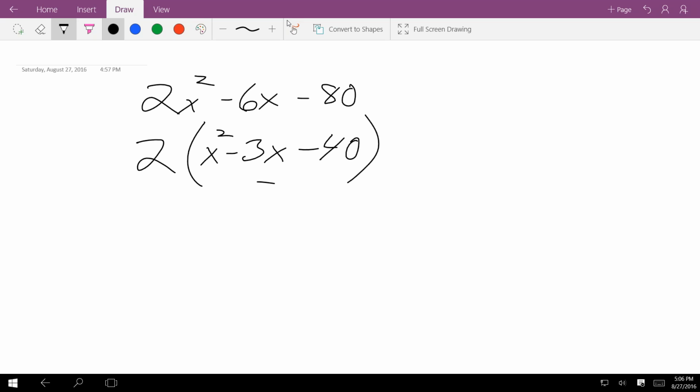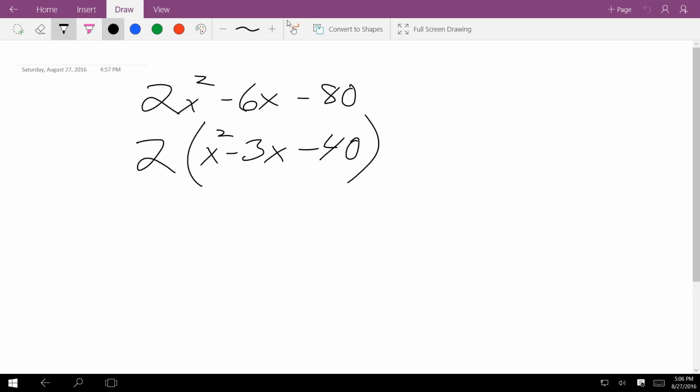Now, this is a much easier problem to factor, primarily because the coefficient of x squared is 1. Whenever the coefficient of your x squared term is 1, it's usually what I call an elementary factoring problem.